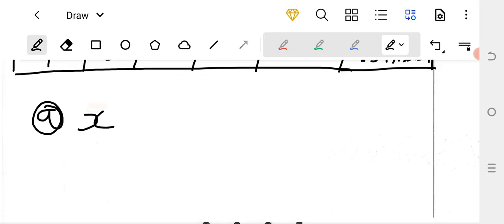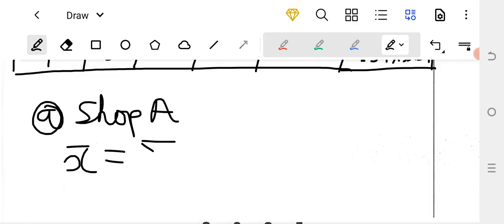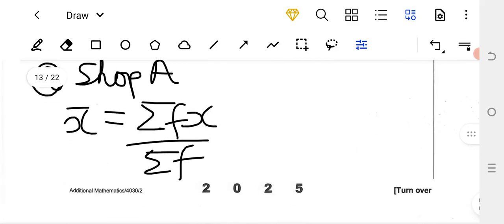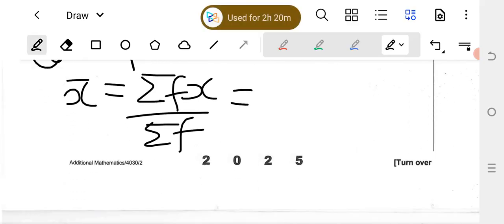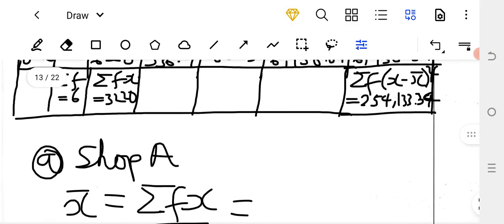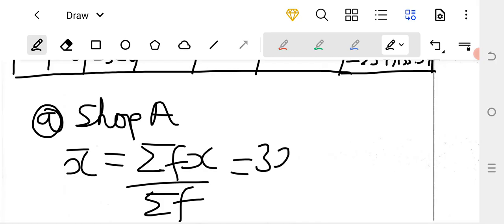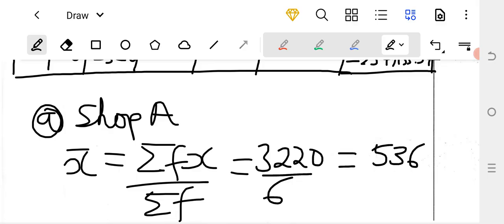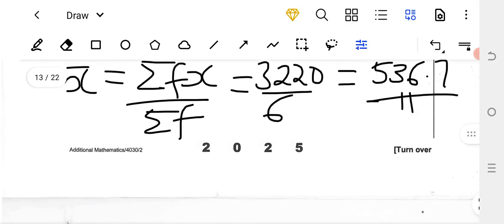For shop A, x bar is equal to the summation of f times x divided by the summation of f, which is 3,220 divided by 6, giving x bar as 536.7. I didn't round it off to 3 significant figures because I wanted a more accurate answer.